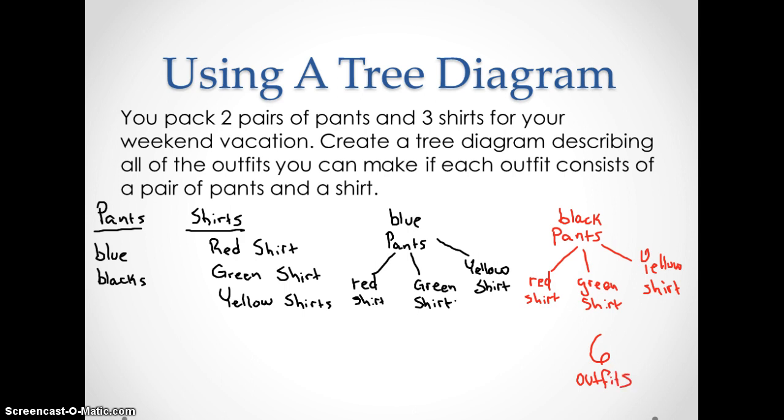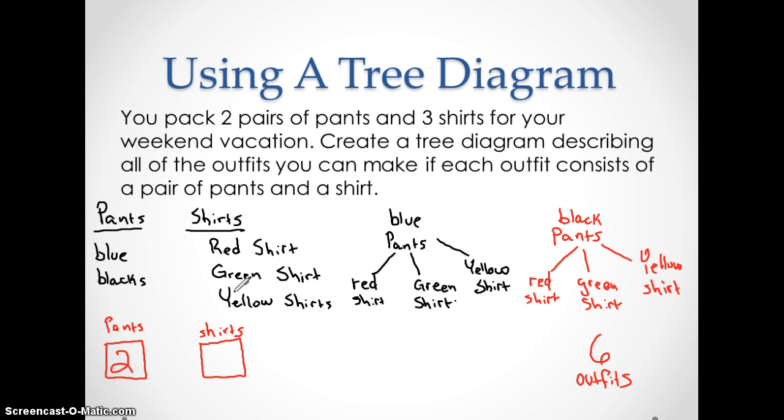Now, I'm going to show you exactly what the fundamental counting principle is. What they are saying is that you have a spot for your pants. You have a spot for your shirts. Now, how many pairs of pants do you have to choose from? 2.